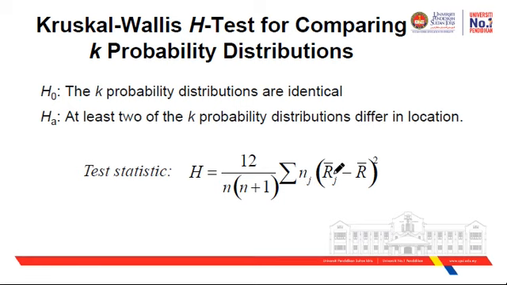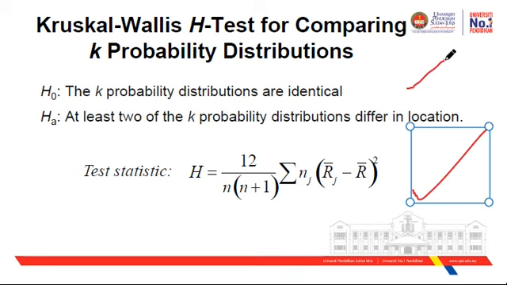Then we have capital R j bar, the mean of the ranks for that category, and R bar is the mean of all the ranks, all squared. So that's the formula.